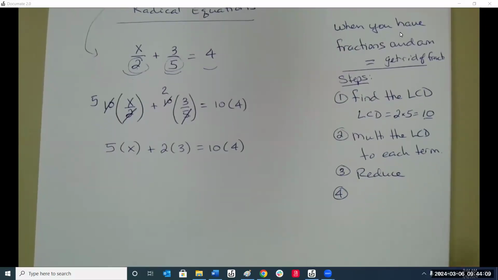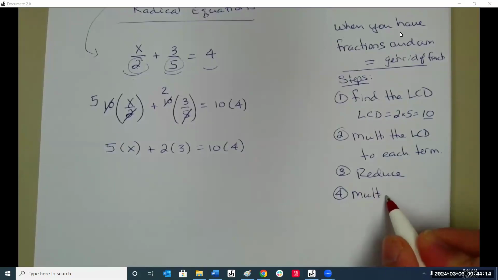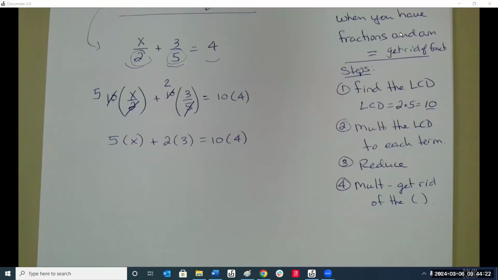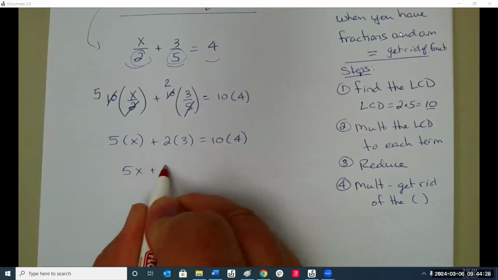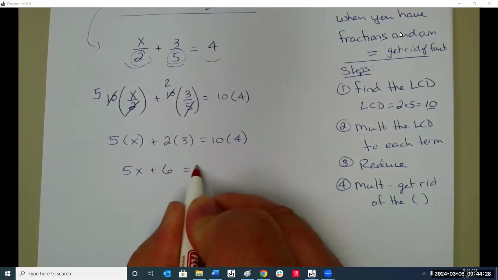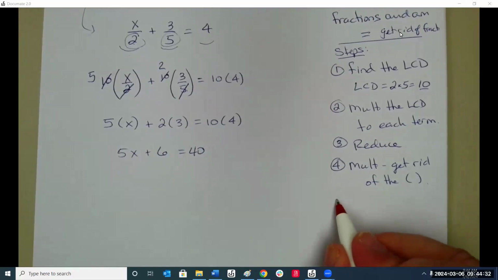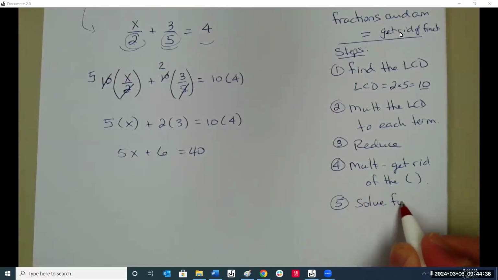So what we have to do now is multiply. Get rid of the parentheses. So we have 5x. 2 times 3 is 6. 4 times 10 is 40. And the last step is solve for x.